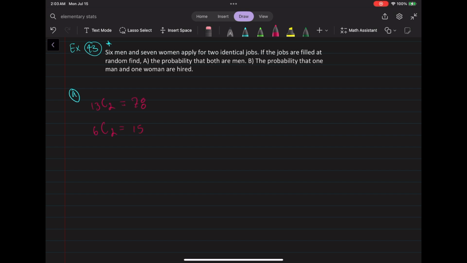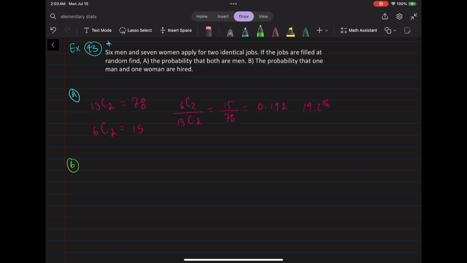So now all I have to do is put, this is what it'll technically look like, you'll have 6 combination 2 as your numerator and 13 combination 2 as your denominator. And that'll be 15 divided by 78. And that is going to equal 0.192 or 19.2%.